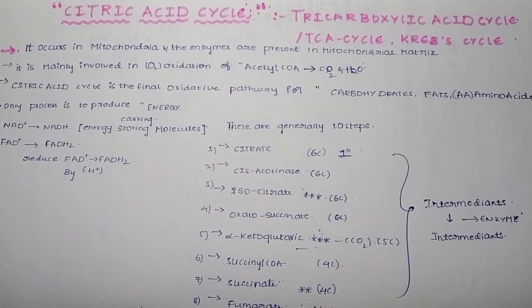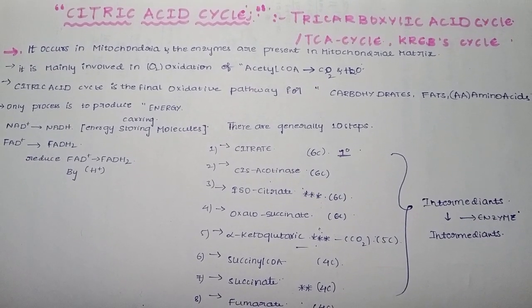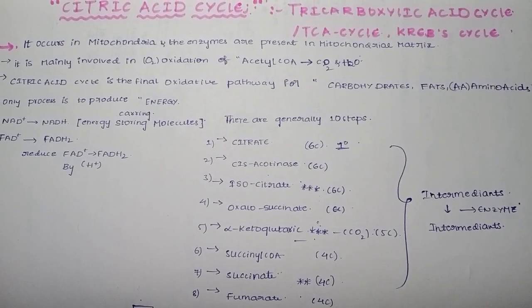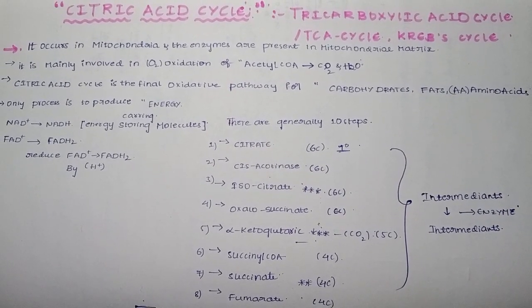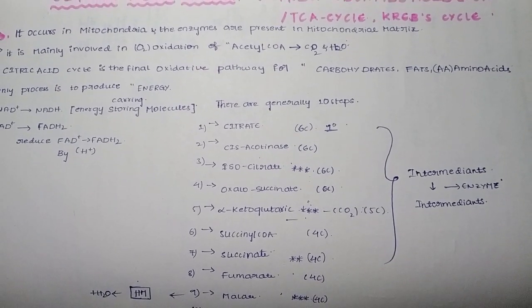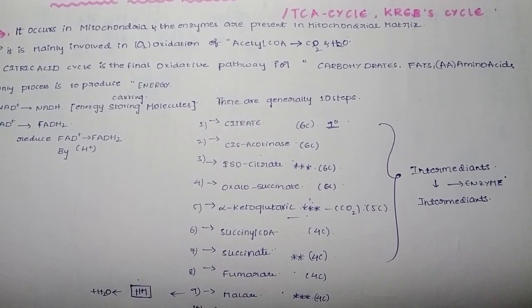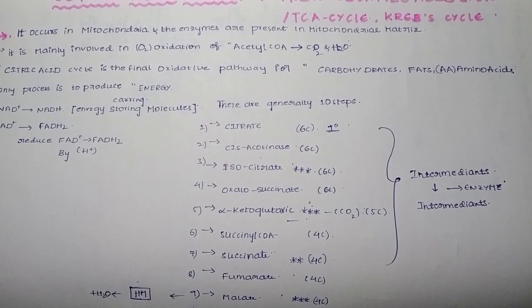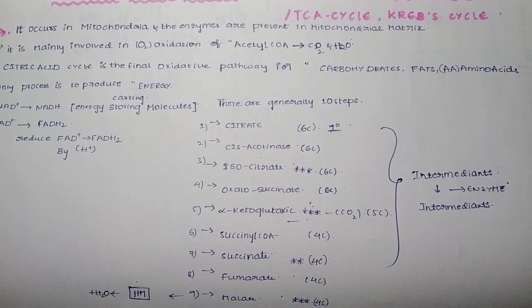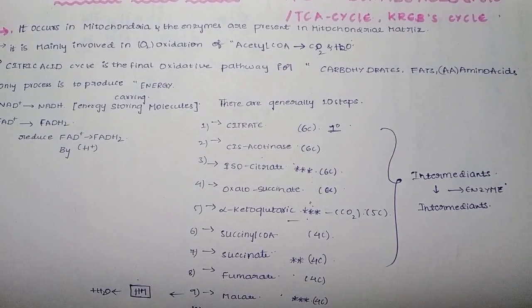It is mainly involved in the oxidation of acetyl-CoA into carbon dioxide and water, because the starting intermediate is acetyl-CoA, which is obtained from pyruvate. So we get carbon dioxide and water.